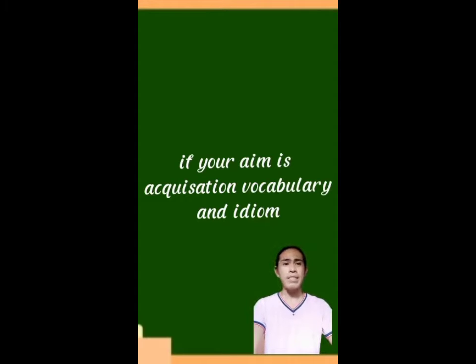If your aim is acquisition of vocabulary and idiom, train your student to use vocabulary effectively. So, most important to have an idea or vocabulary, you need to give a student a dictionary in order to have more knowledge effectively.